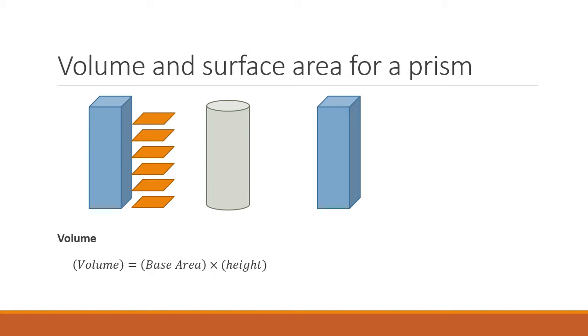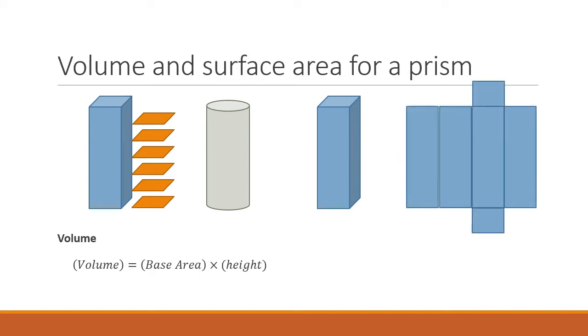Whereas for the surface area, we could try to do something similar, but a better way to look at it is to look at its net. And you'll see once you actually open up a net, I see 2 bases, and then I have lateral faces.